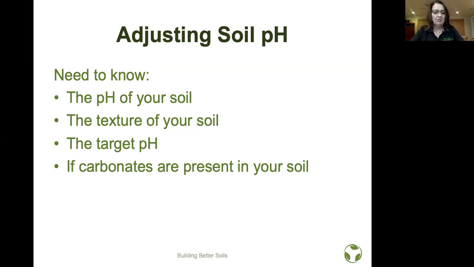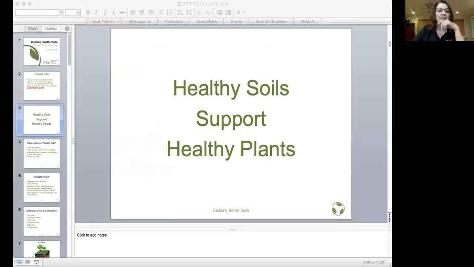I'm going to pull up another thing here. We look at this guide. This is something we used when I taught soils, and it's just as easy to do as, or really just as accurate as, a laboratory test.